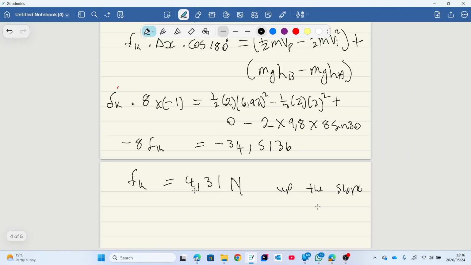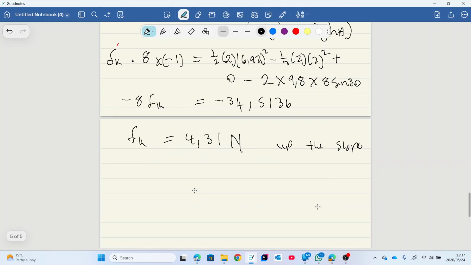Or to the left, it's fine. Or towards point A. To the direction of point A. Anything to those lines, it will work. They are strict about direction in momentum, not in work, but it's just good practice to put it there always. Okay.